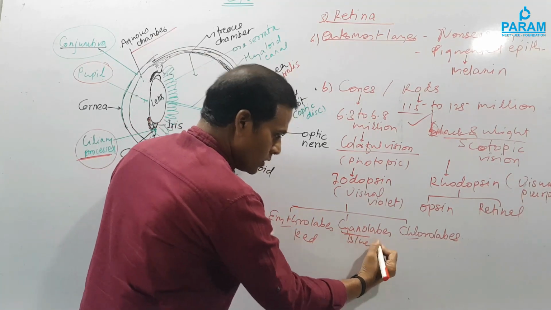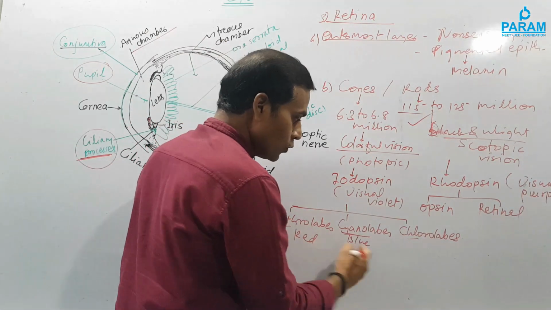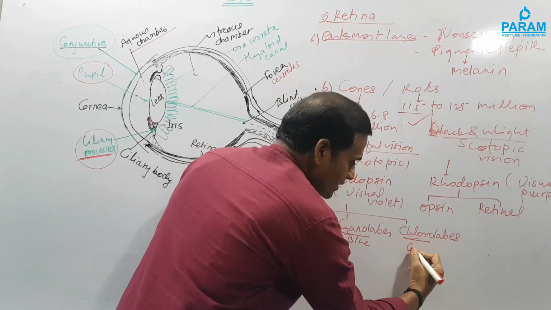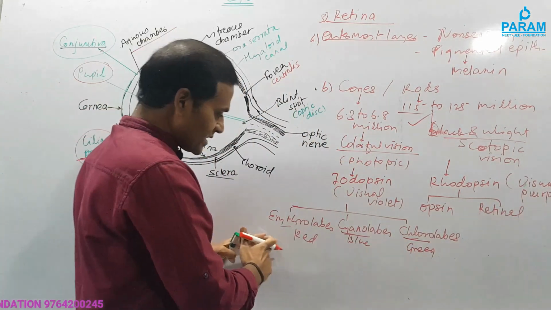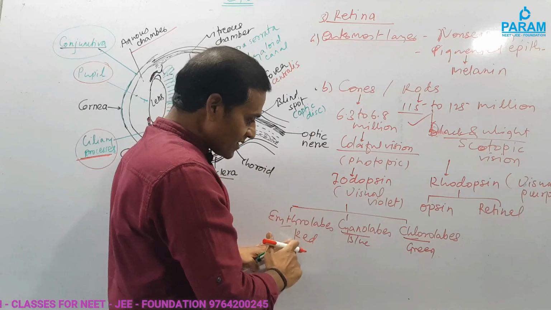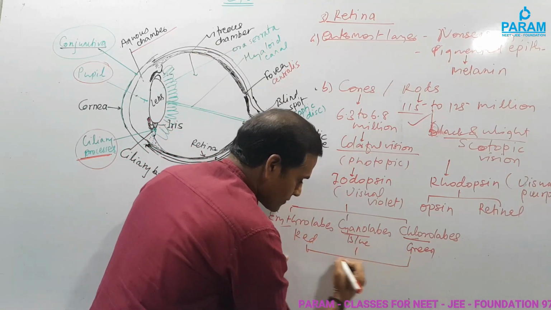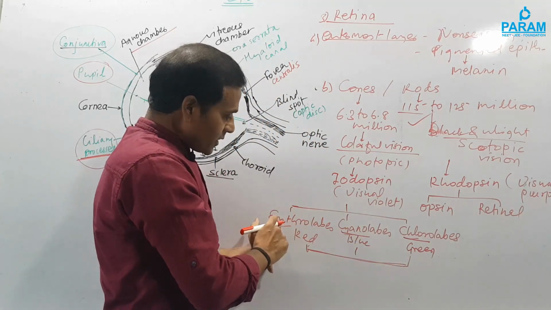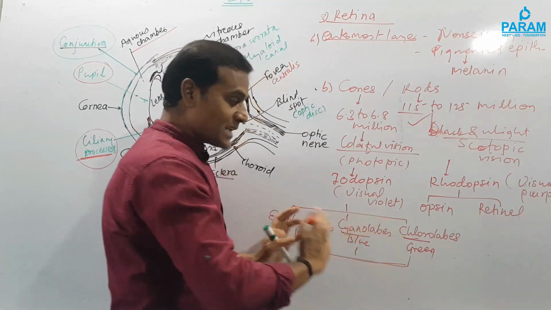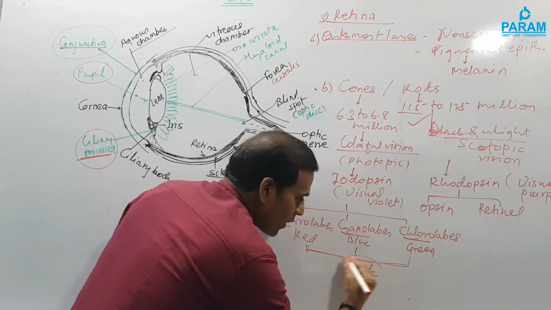Cyano means blue, it is responsible for identification of blue color, and chloro means green. That means there are three types of pigments present in your cones, that is red color, blue color and green color, and simultaneous excitation of these three cells, if the erythrolabe, cyanolabe and chlorolabe are simultaneously stimulated, then it gives us white vision.